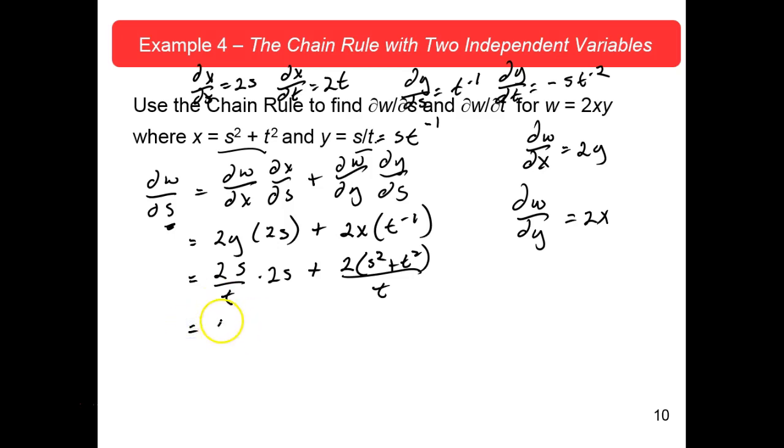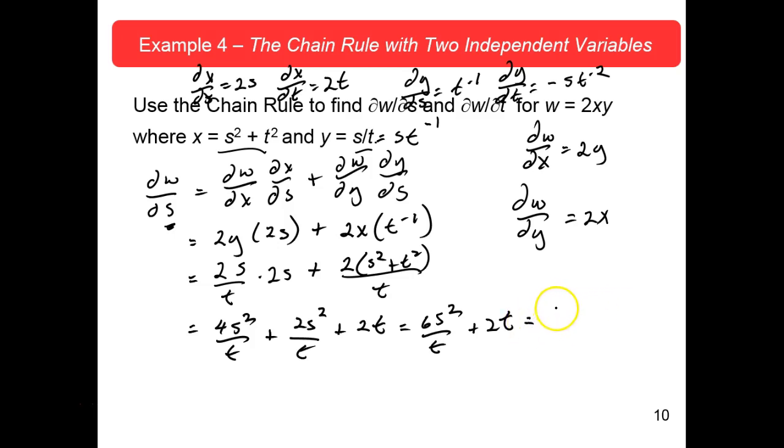Let's clean it up a little bit. 4s squared over t plus 2s squared over t plus 2t, which would be 6s squared over t plus 2t, which, if you go back to the first solution, well, one exception.